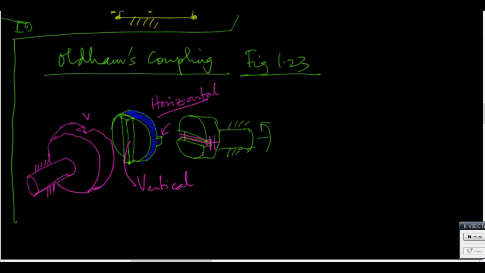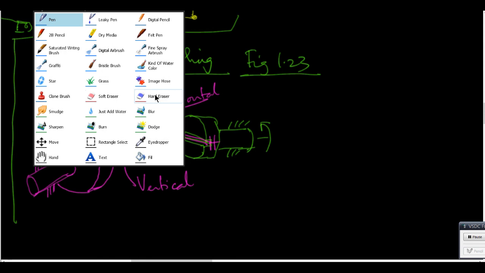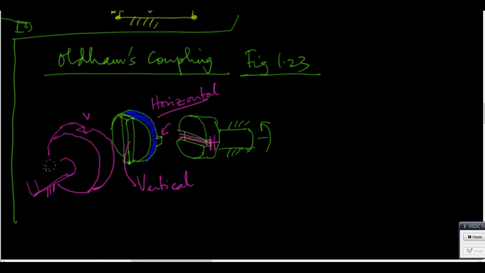I am very sorry for my bad drawing. I have to change this. Please excuse me. Let me go back here and try to repair the damage. This axis and this axis have to be parallel.